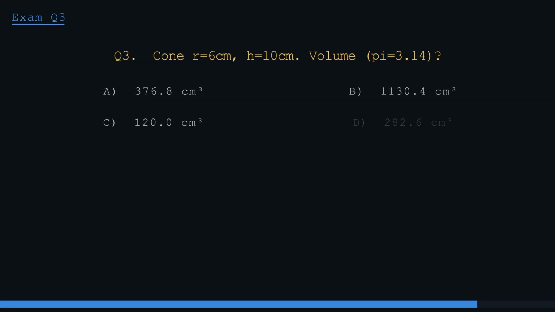Question 3. A cone has a base radius of 6 centimeters and height of 10 centimeters. What is its volume? Using pi equals 3.14, pause and choose your answer.